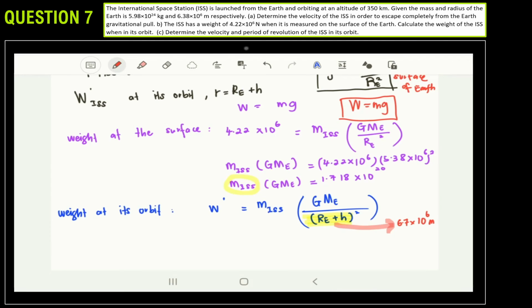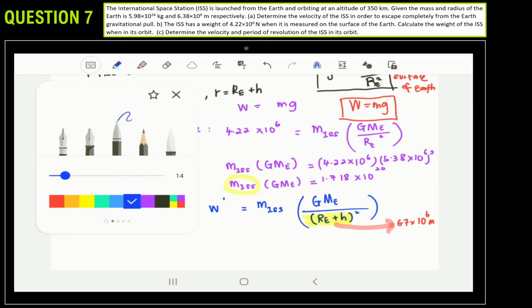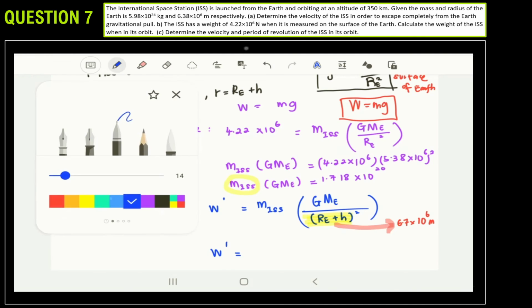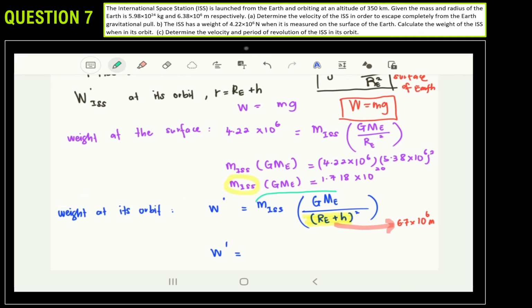Try to calculate it. Alright, so now the weight of the ISS at its orbit. Let's start. W prime is equal to, look here, we have the mass of the ISS times GME, which we already calculated above.